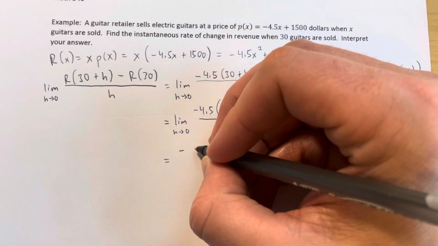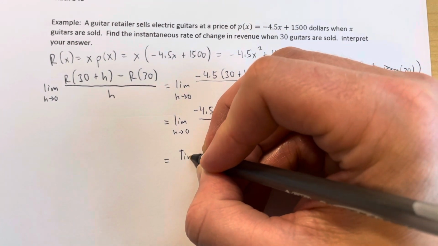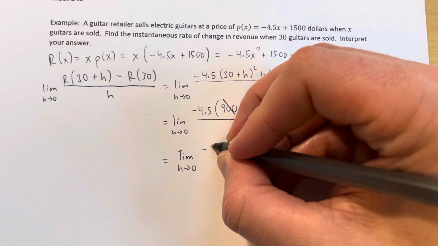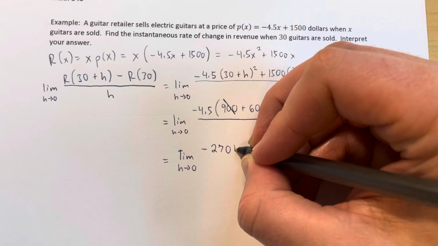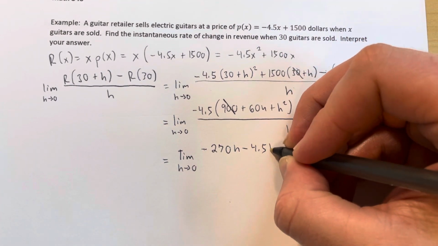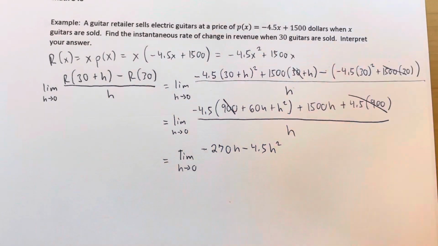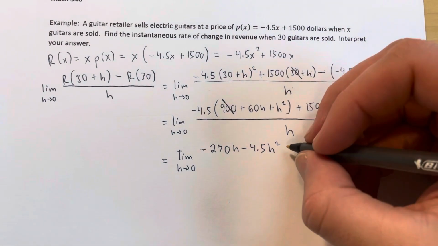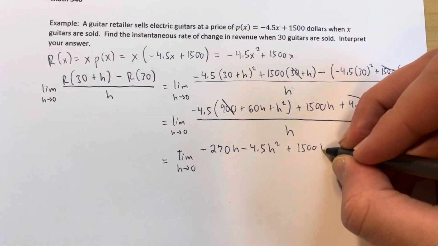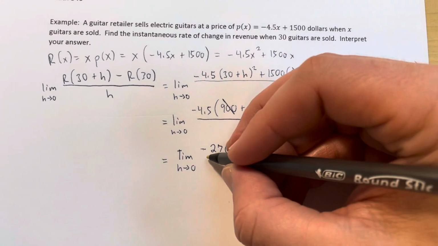This is negative, let's write the limit down. Limit as h approaches 0, negative 270h. And then here I'm going to get minus 4.5h squared from this step, plus 1500h. And then that guy has canceled out. That's gone.